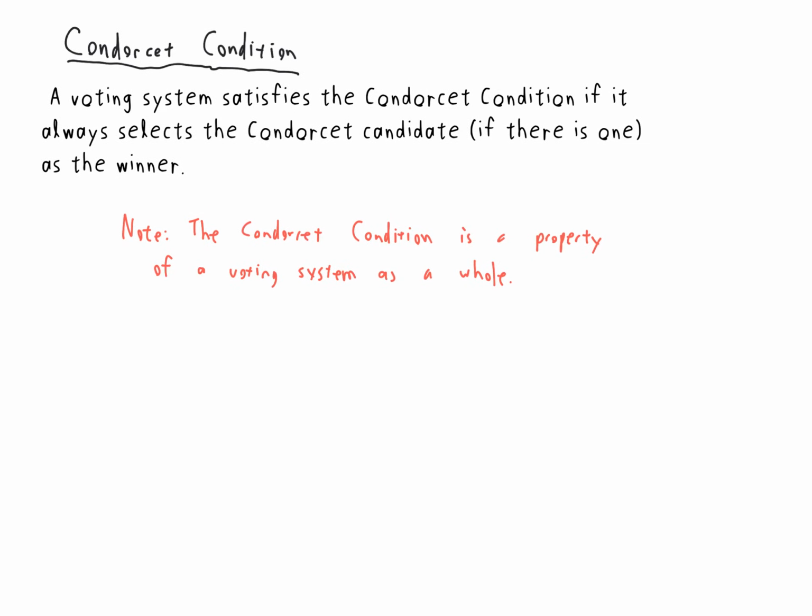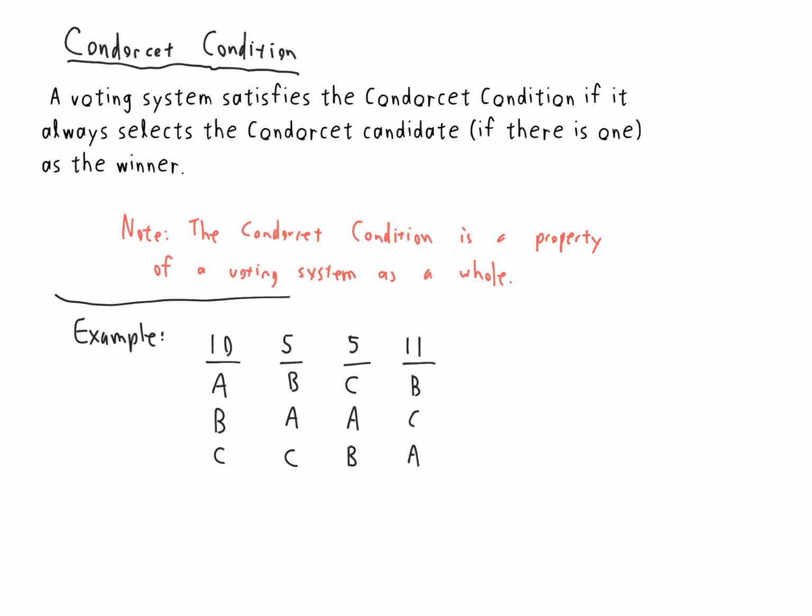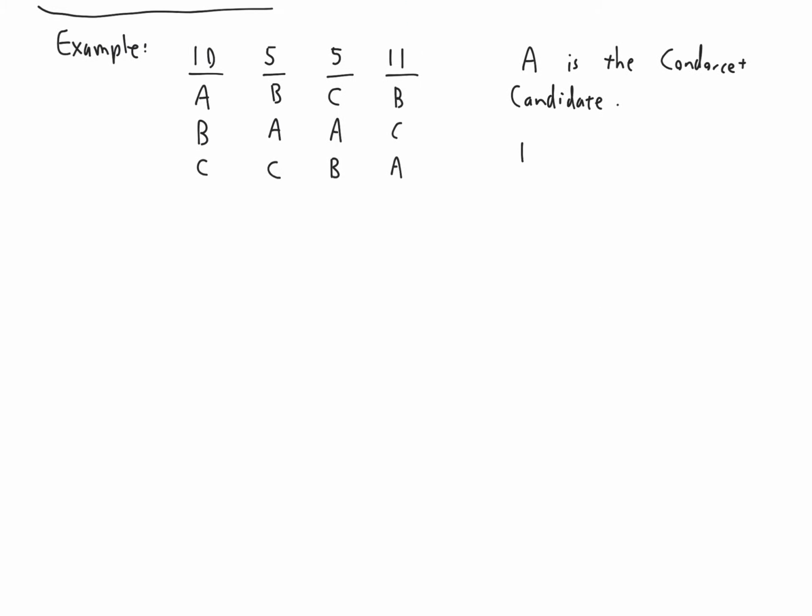Let's look at one more example. I won't go through all the calculations here, but you can show that A ends up being a Condorcet candidate for this preference schedule. And you can also calculate that candidate B wins if we're using a Borda count voting system.